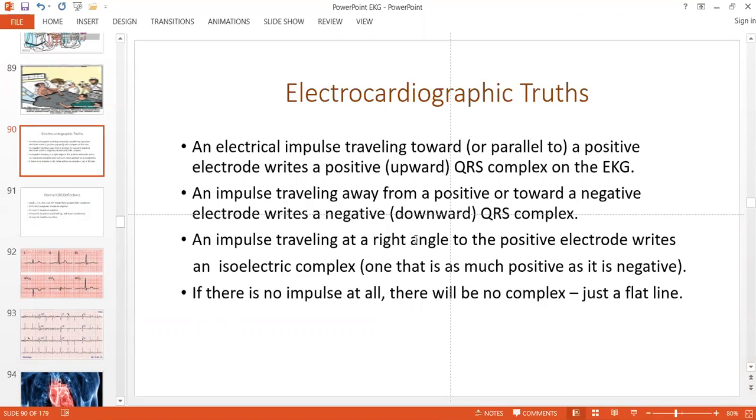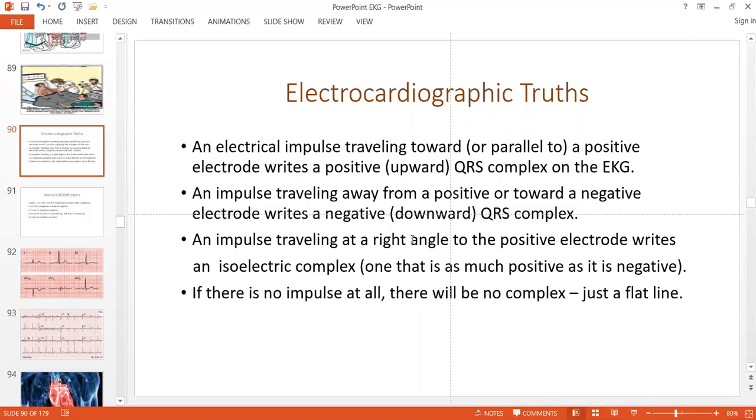An electrical impulse traveling toward or parallel to a positive electrode is going to write a positive or upward QRS complex. An impulse traveling away from a positive or toward a negative electrode is going to write a negative or downward QRS complex.